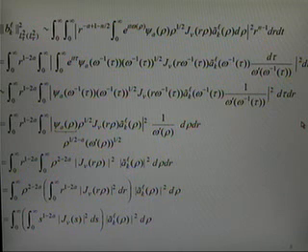And we make a change of variables tau equal to omega of rho, since omega is bijective, and the corresponding Jacobian comes here.